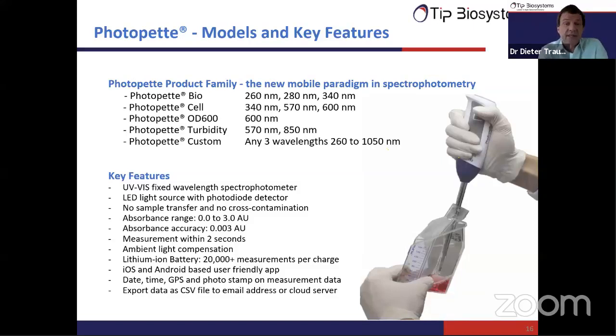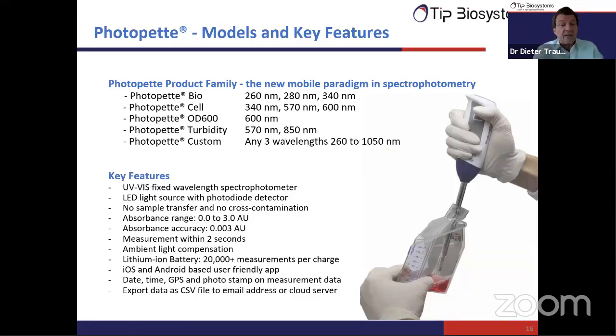So also on this slide here, you see a list of the key features of the Photopette product family. There are actually fixed wavelength spectrophotometers using LED, no warm-up time, and all these problems.